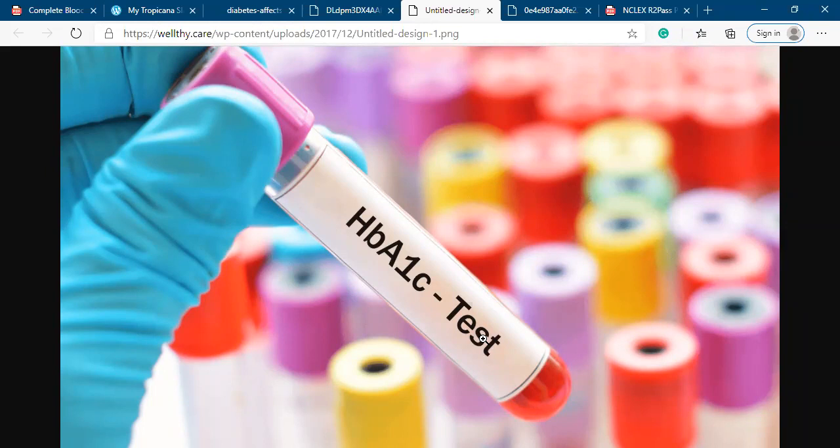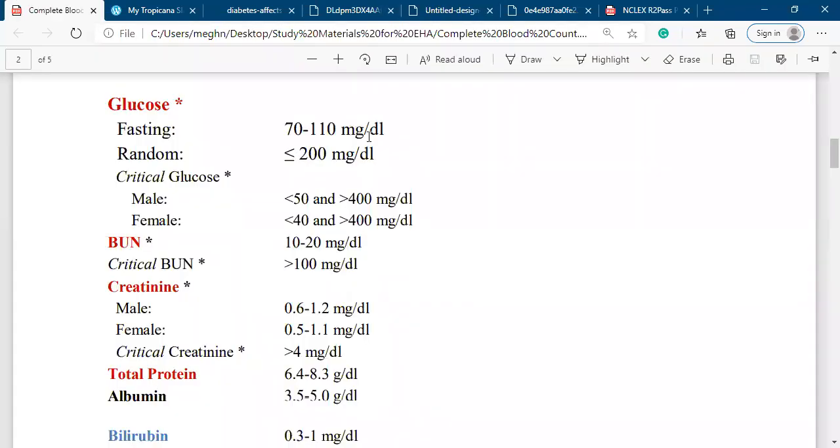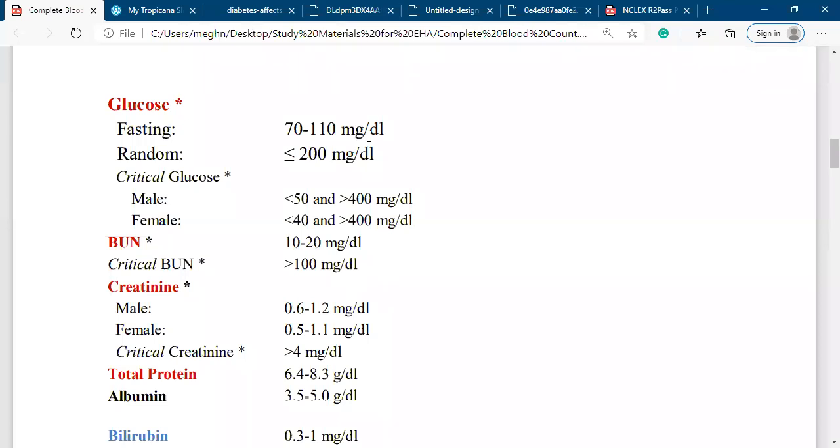And we have to know the expected range and the goal for diabetic patients, and the goal for pediatrics or normal patients. For diagnosis of diabetes, we check the blood sugar: casual or random blood sugar more than 200, and fasting blood sugar more than 110, maybe 126, maybe 125 milligram per dL, and random more than 200, maybe 250. So blood sugar more than that.